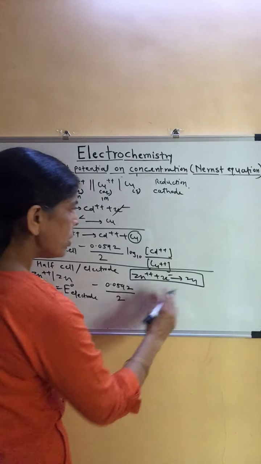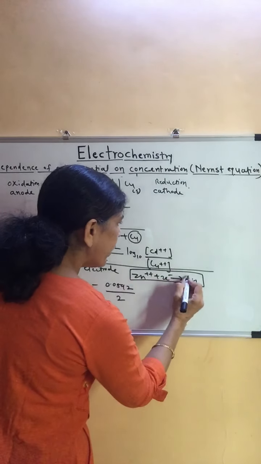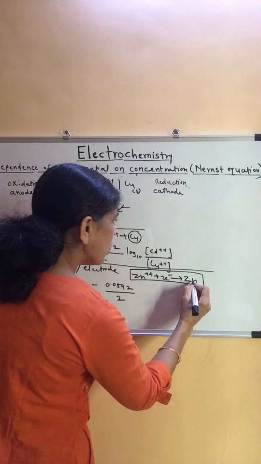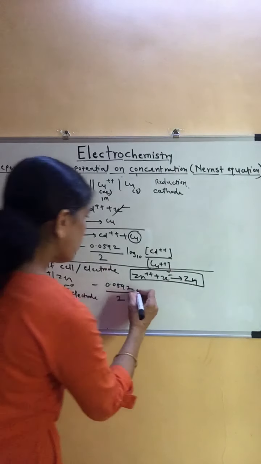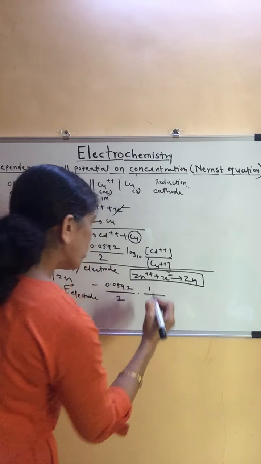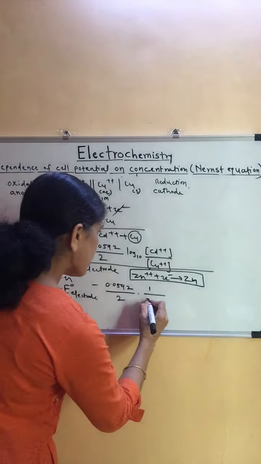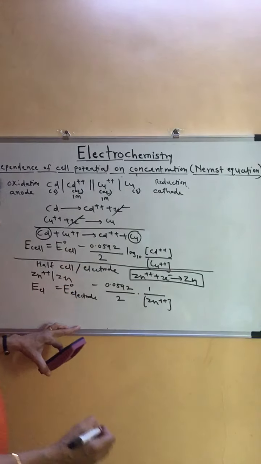So which are the reactants? Zn, as it is a solid, its concentration is unity, and therefore the concentration of Zn2+, which is 1 upon the concentration of Zn2+ ions. See carefully.